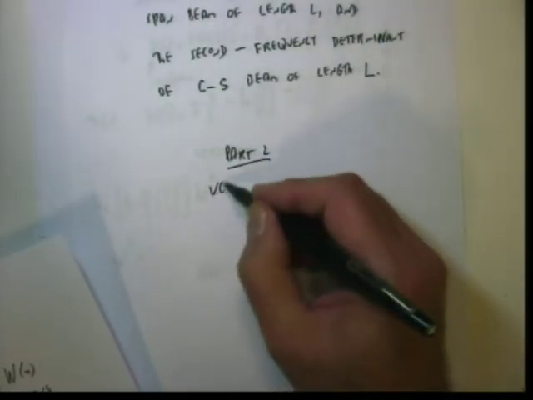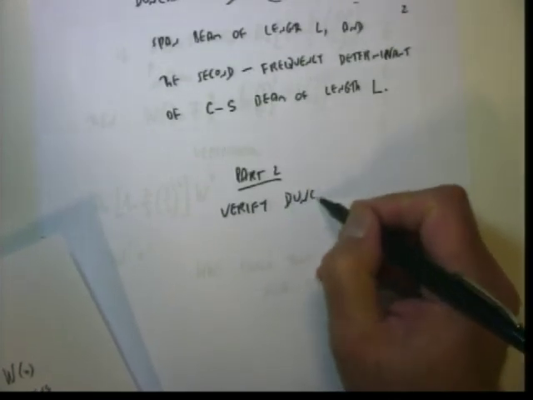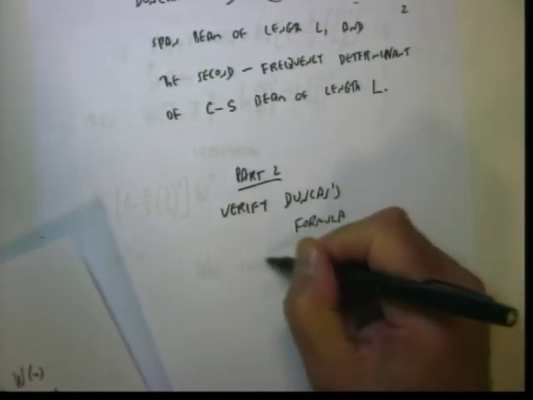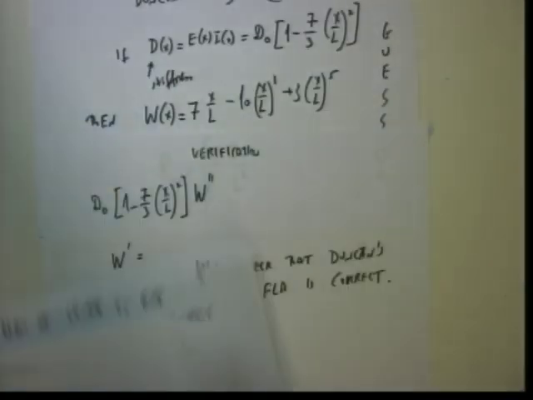Okay, but this 1, 2, 3, 4 pertains to the same problem. And then part 2 is, verify Duncan's formula by hand. I mean, you don't need Maple, etc. I'm not demanding Maple, but if you want, you can do it on Maple, anywhere.